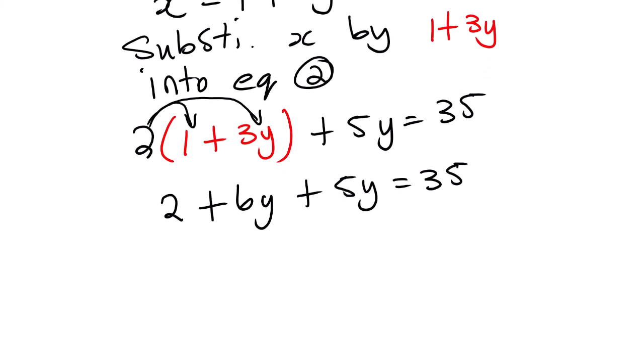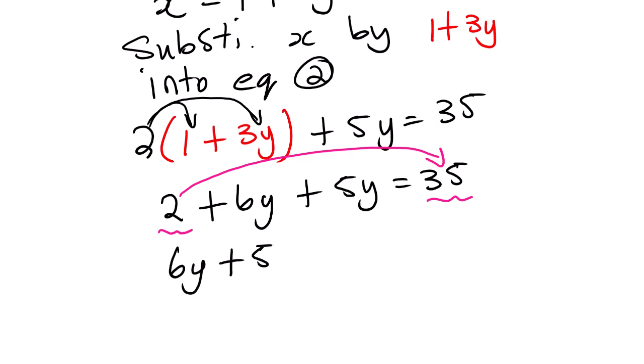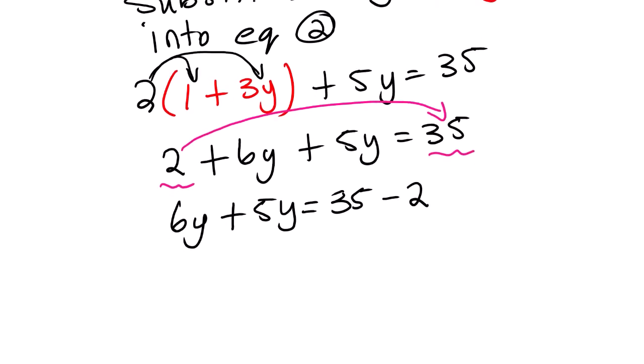From here, we need to group the like terms, so the 2 and the 35 need to be grouped. So we are going to transpose this to the other side. This side will be left with 6y plus 5y. Since we have positive 2, when it goes that side, it becomes negative 2. 6y plus 5y, we have 11y, it's equals to 35 minus 2, we have 33.